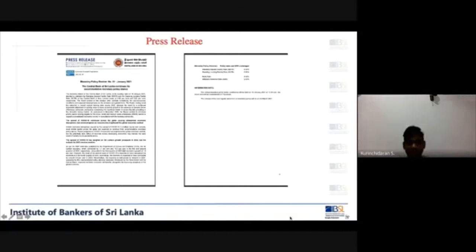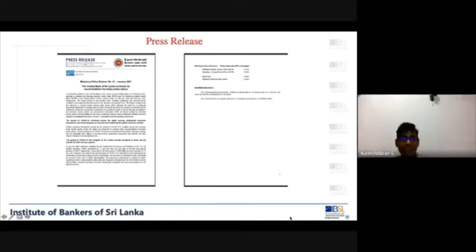And finally, the second page, like page number 4, you can see I have given in the slides, right? So the monetary policy decision is: policy rates and SRR unchanged. So they are going to keep the policy rates and SRR unchanged, right? What are the policy rates?